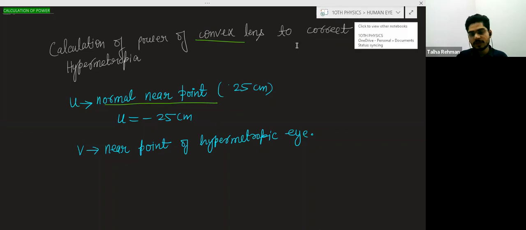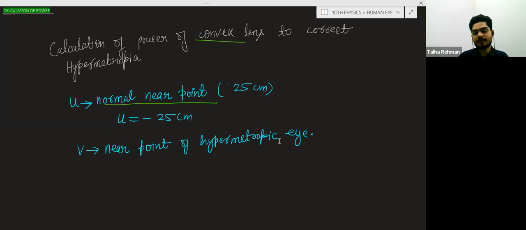Because the object is in front of the lens. And for image distance we take the near point of the hypermetropic eye. So finally, the convex lens is producing the image at the near point of the hypermetropic eye, and the eye wants to see the object at the normal near point, that is 25 centimeter.